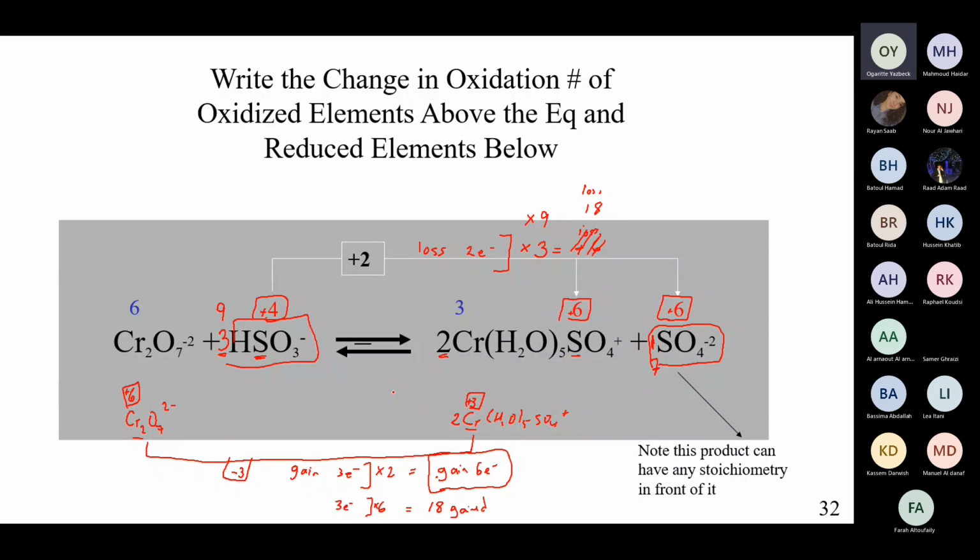And you can decide whatever number you want to put in front of it. So this one I can put whatever I want. Why? It has sulfur, oxygen and hydrogen. The oxygen and hydrogen, through the water and the H plus, I can use to change whatever number I need. But here I cannot. Chromium, no, it's stable. I cannot play with this sulfur. I could play only with the sulfurs that have oxygen and hydrogen in them.